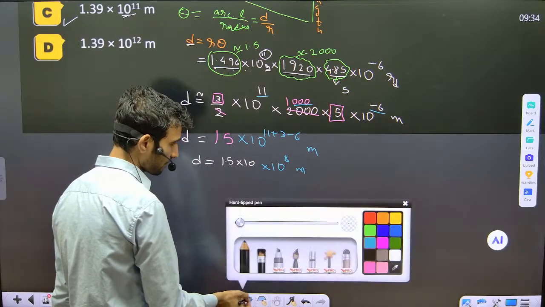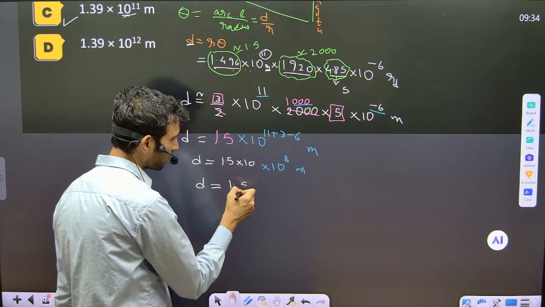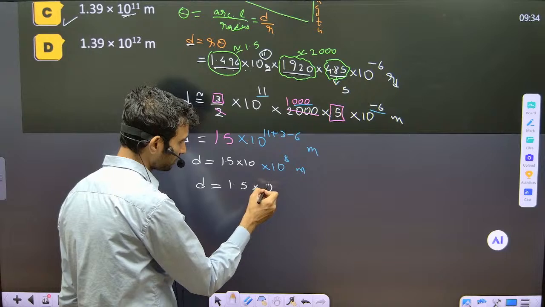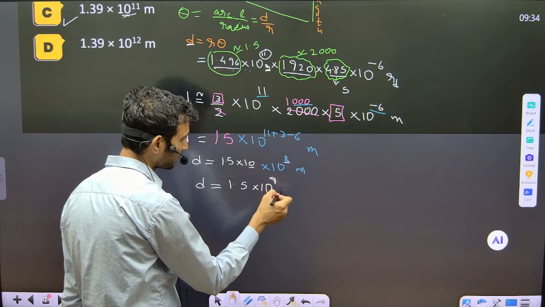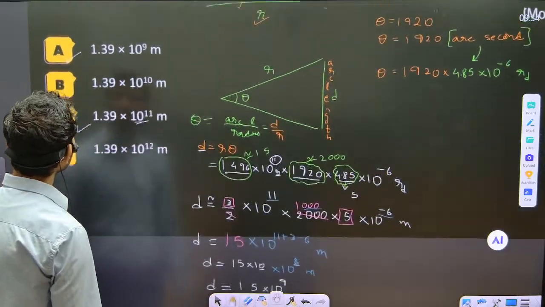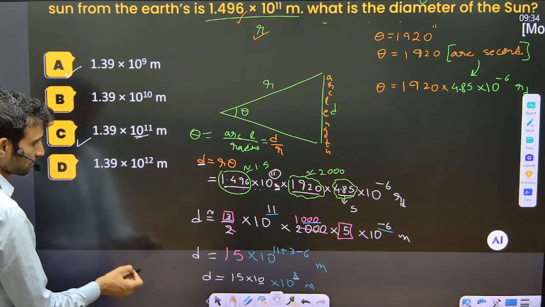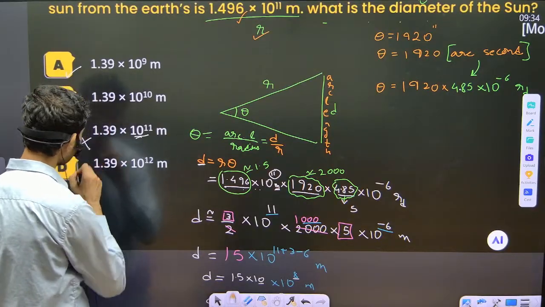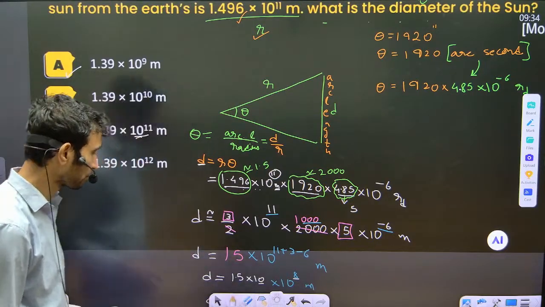And then what are we getting as the answer? D is coming out to be 1.5 into 10 raised to the power how much? 8 and 1 combine to make 9, right? And which option are we getting? We're getting the A option, right? Not the C option. So you can take down the crude calculations, those who are asking for it.